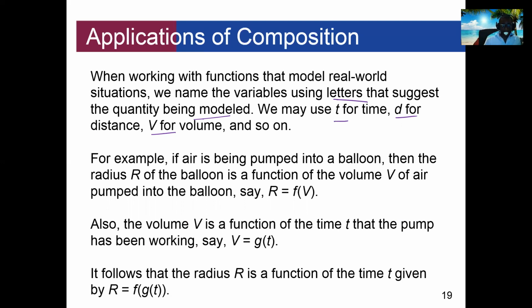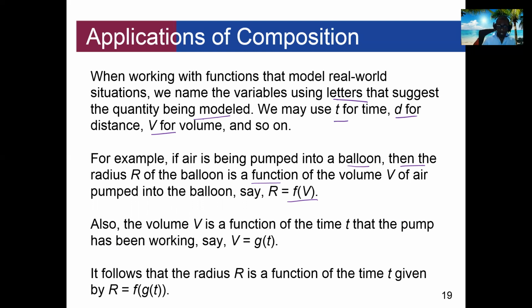For example, if air is being pumped into a balloon, then the radius r of the balloon is a function of the volume v of air pumped into the balloon. Say r equals f of v.